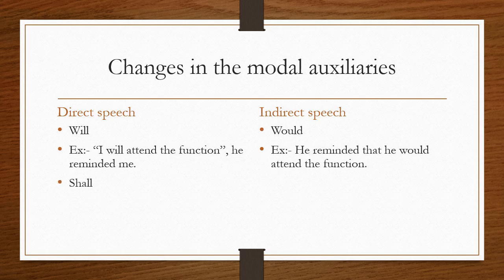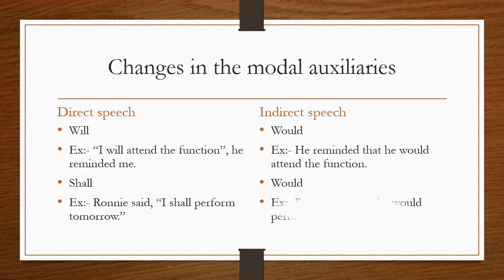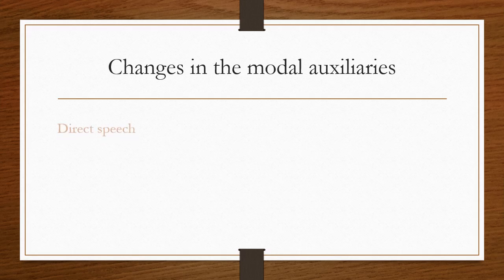Next one, shall will change to would again. Example, Ronnie said, "I shall perform tomorrow." Ronnie said that he would perform the next day. Now, here are some more modal auxiliaries from direct speech to indirect speech.